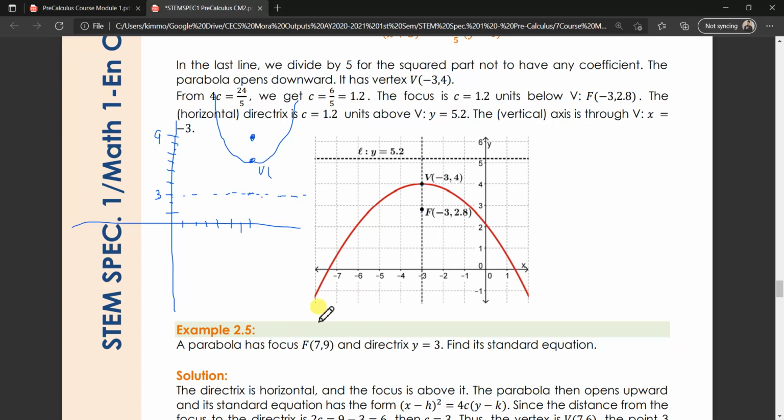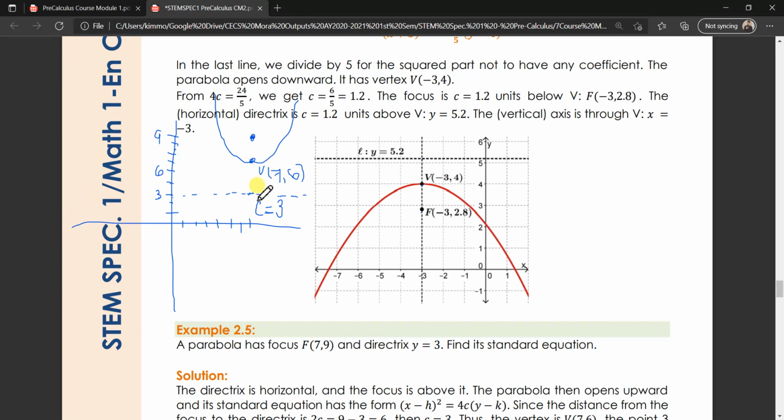So ang x part sa atong focus is 7 and the y part is equal to 6. So nanatay coordinate sa ato ang v, and we already know our c, that it is equal to 3, or that is the distance from v to f and v to our directrix.